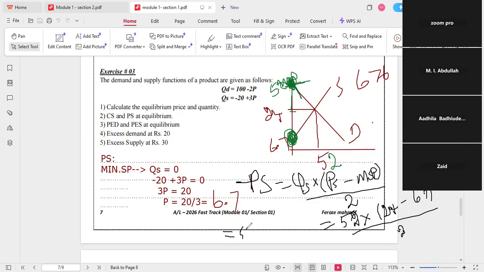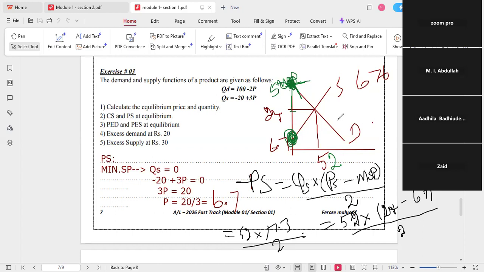Then 52 into 24 minus 6.7, that is 17.3, over 2. 52, what is the answer for that?